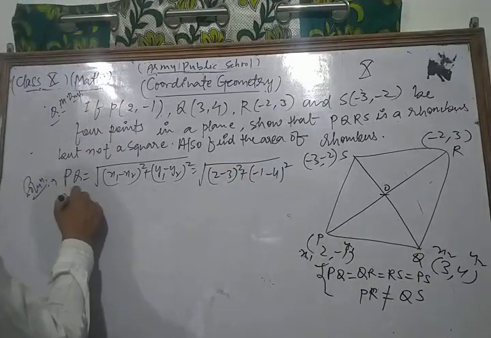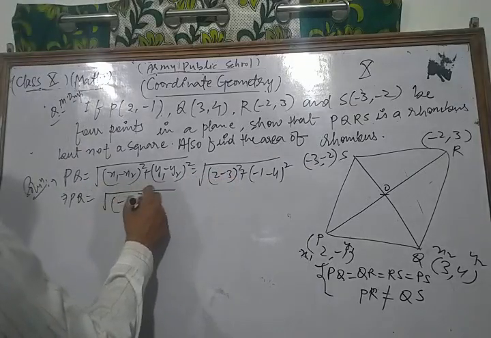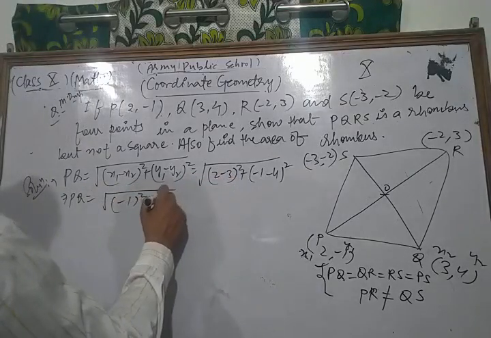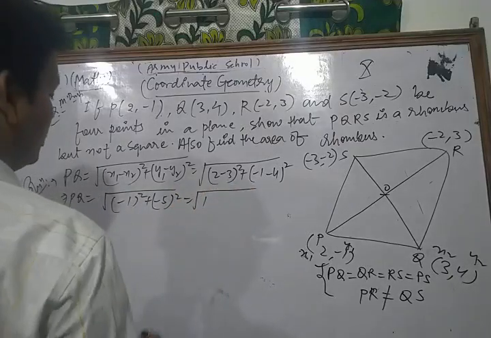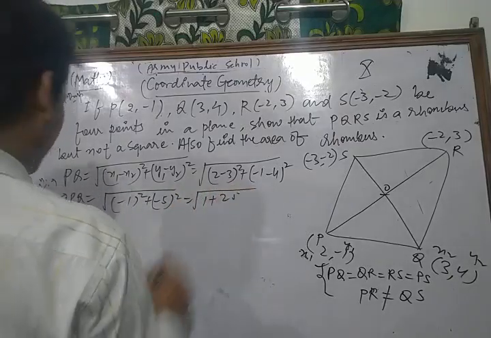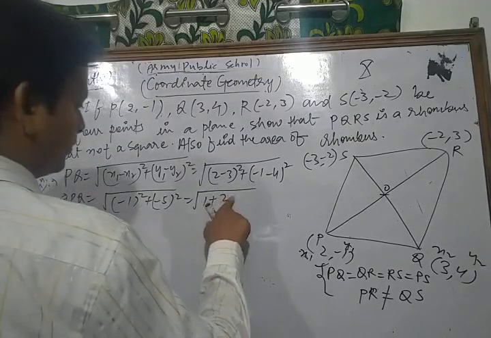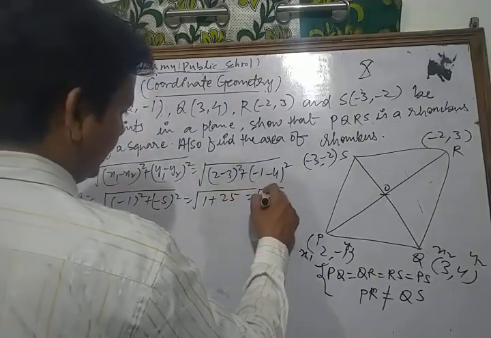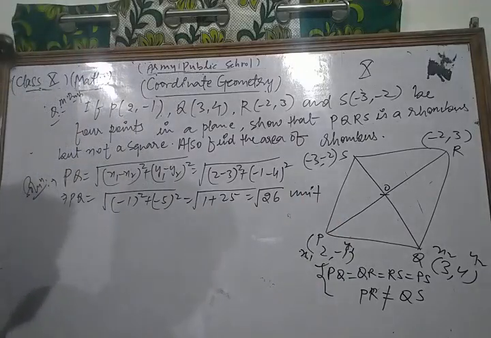That is PQ is equal to under root minus 1 whole square plus minus 5 whole square. Now we get 1 plus 25. So we get under root 26 unit. This is the value of length PQ.